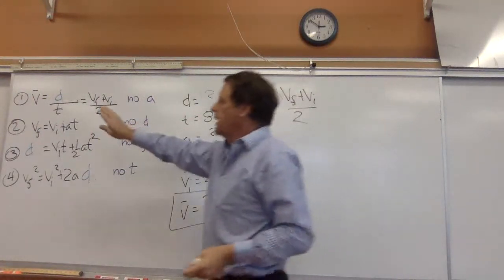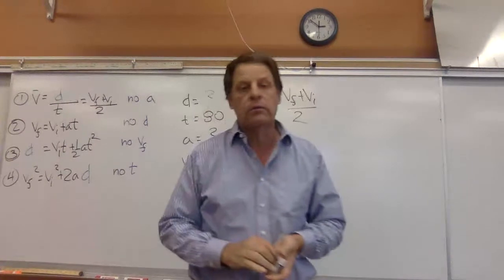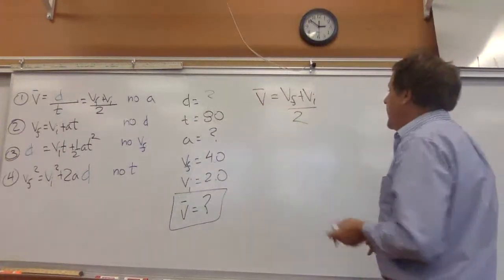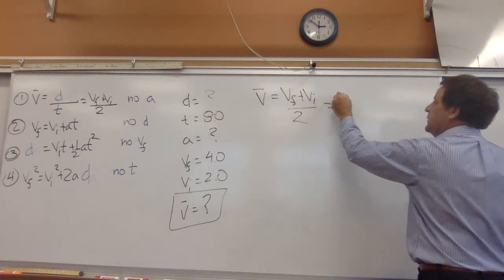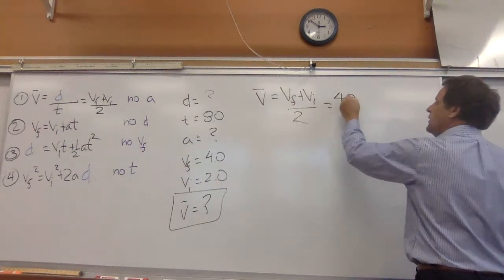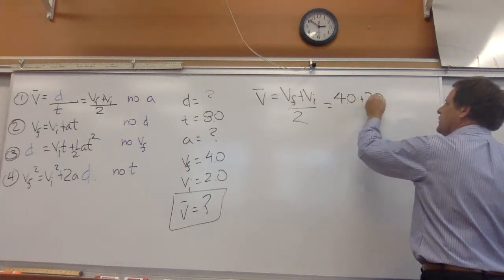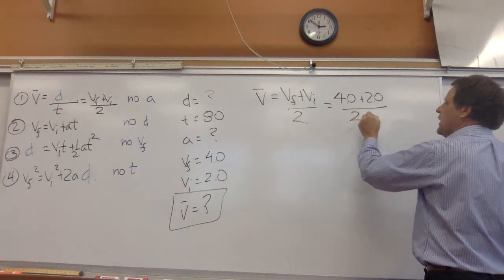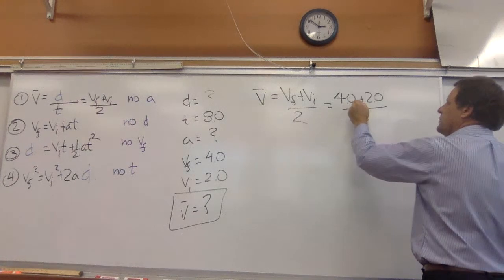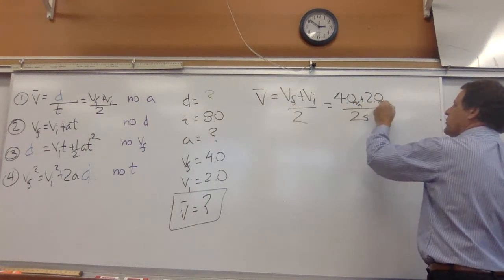Now we can see that I kind of skipped this part for now. But our final velocity is 4, and our initial velocity is 2, and we're going to divide that by 2. These are meters per second, meters per second.